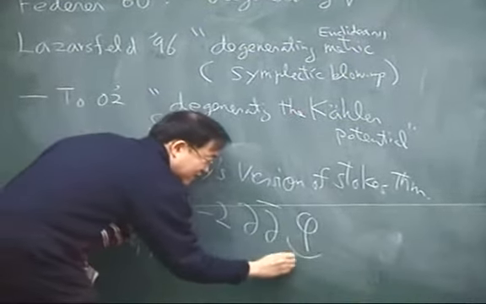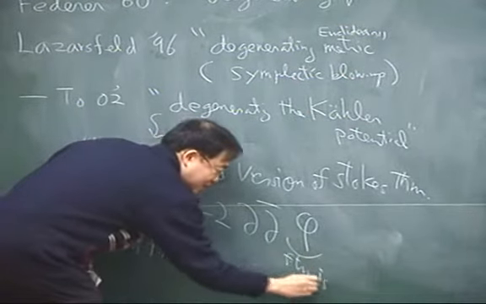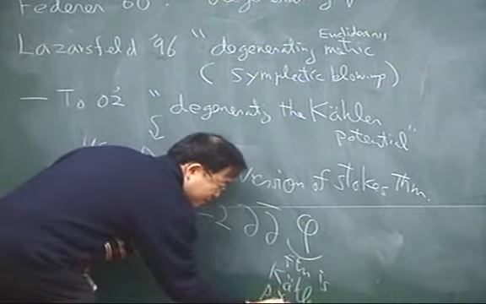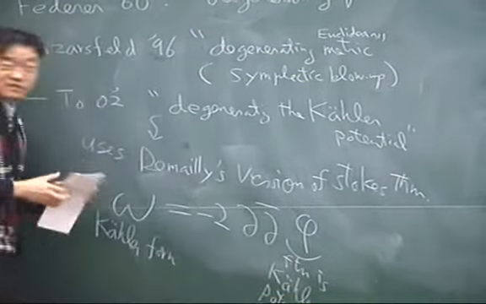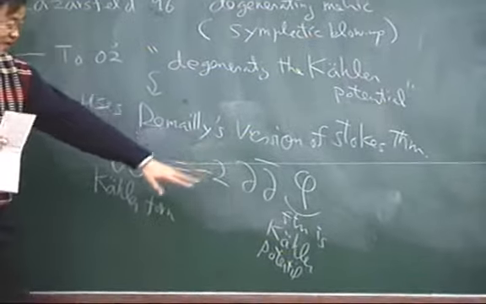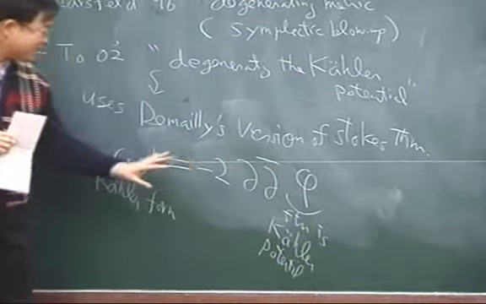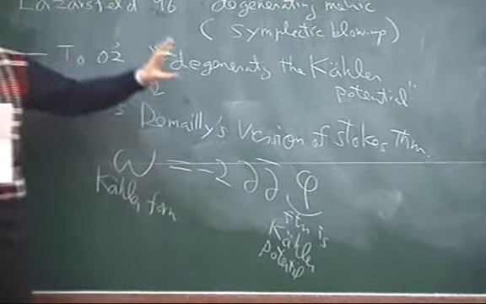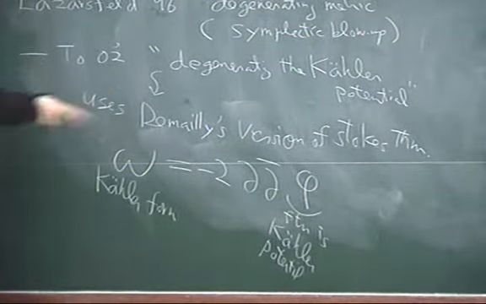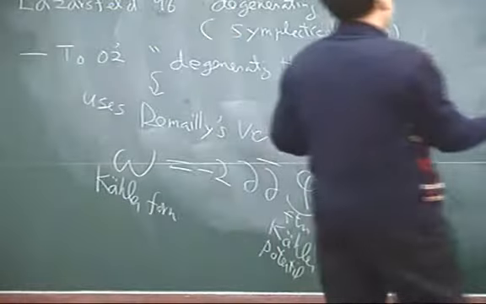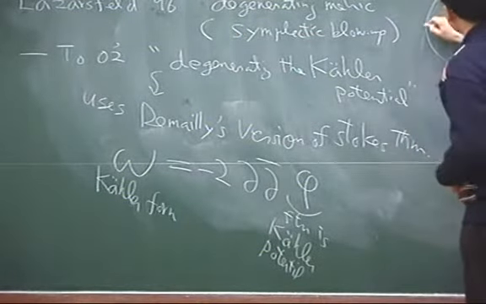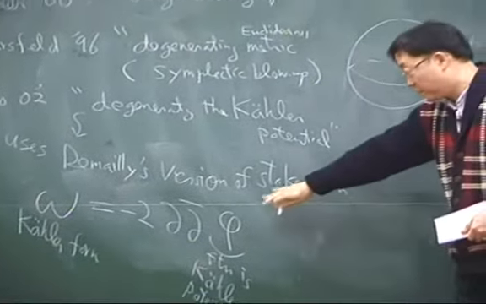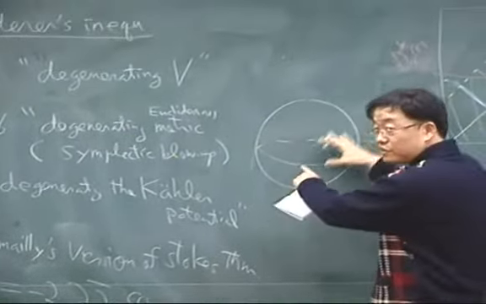This function is the Kähler potential, and this kind of function is what's called a plurisubharmonic function. So if you write a metric as dd bar of something, then you can use this function to degenerate the metric. And on a ball, in the case of Federer's inequality, you can always find such a potential function to degenerate.